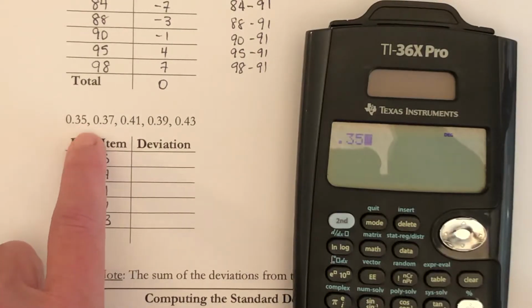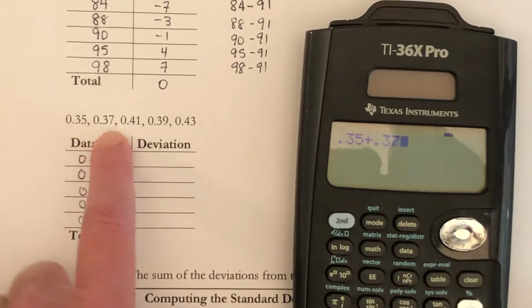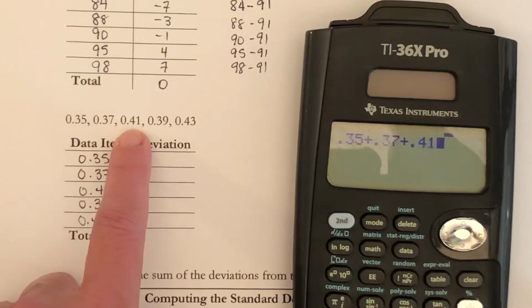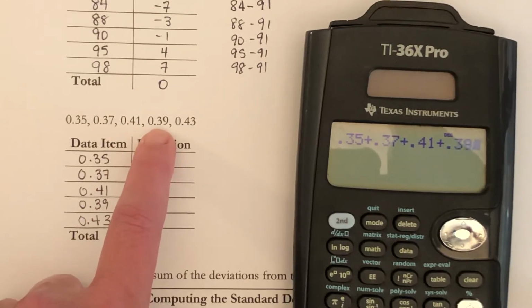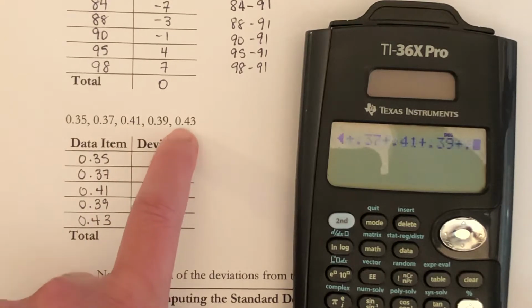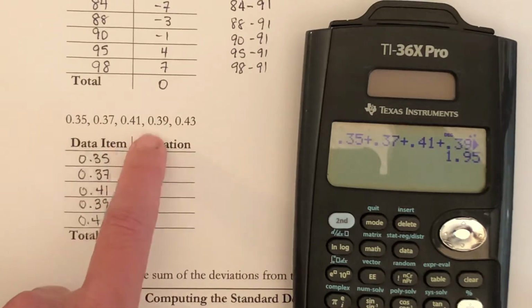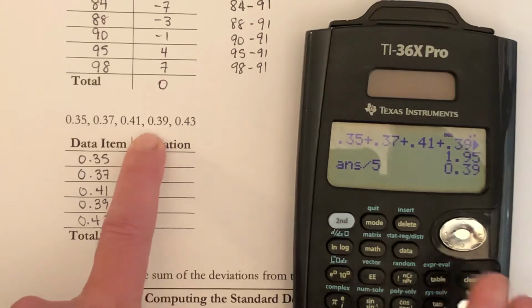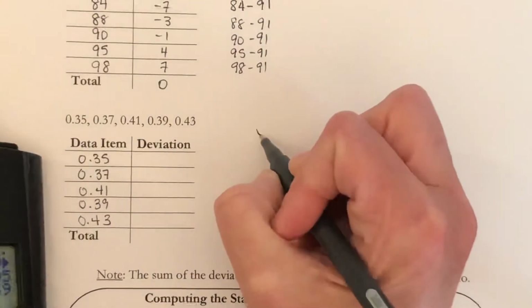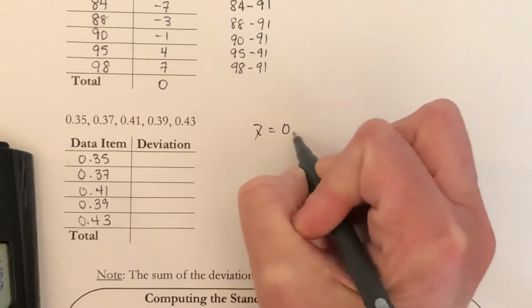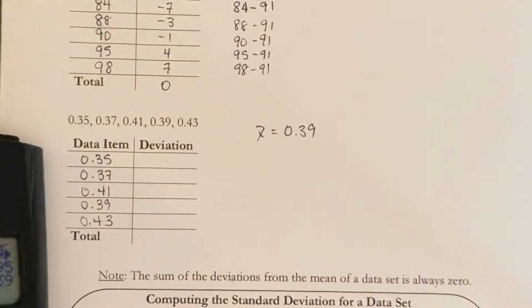So I'm going to add these up, and then divide by 5. And the mean is 0.39. So x bar is 0.39.